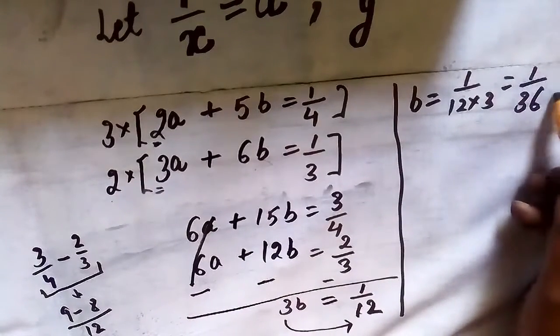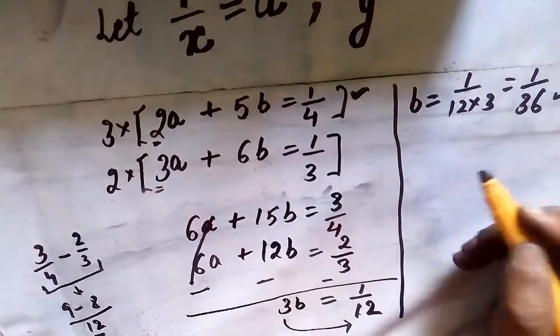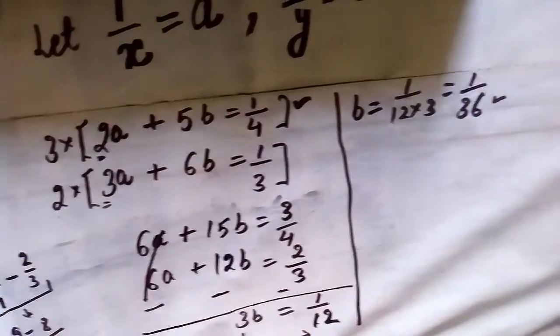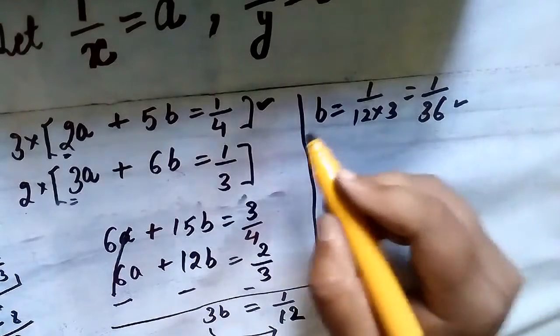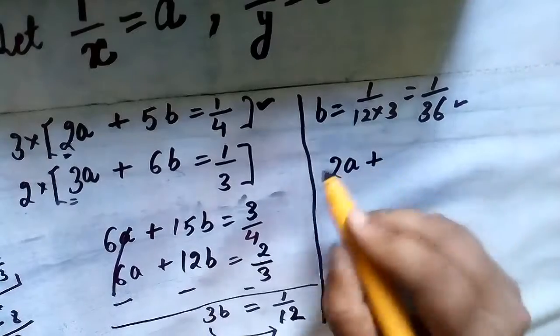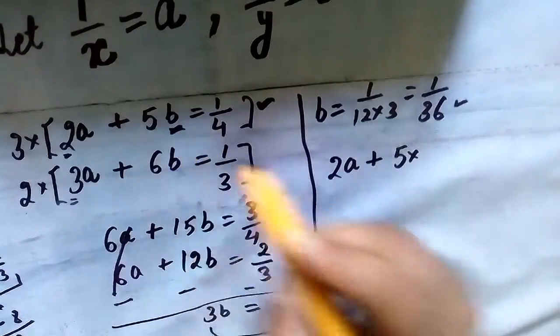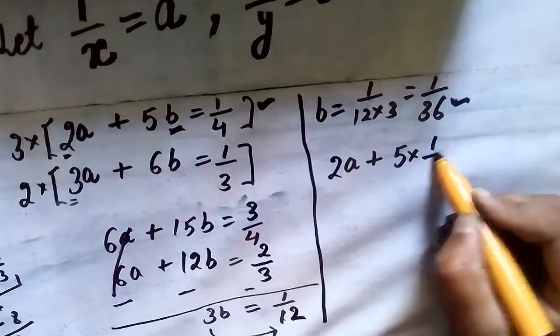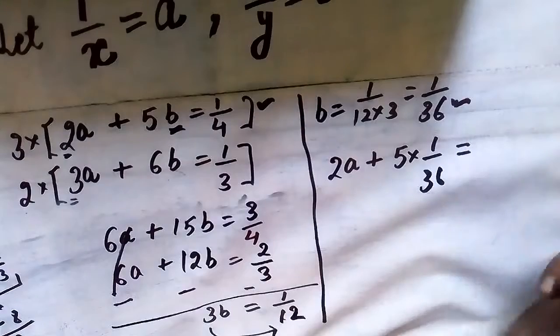Now to find the value of a, replace the value of b in any of the equations. I am replacing in equation 1: 2a as it is plus 5b, where the value of b is 1 upon 36, so 5 into 1 upon 36, equals 1 upon 4.